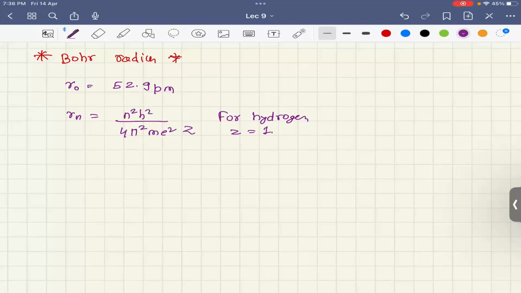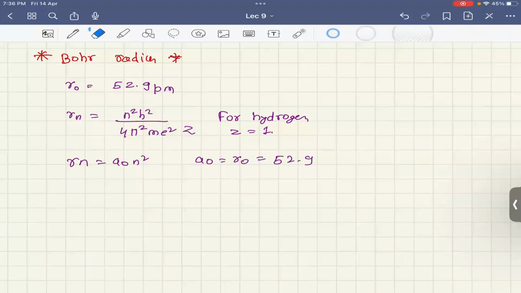So hence Rn is equal to, let us combine this a0 into n square, Rn is equal to a0 n square, where a0 is nothing but r0, which is 52.9 picometer.